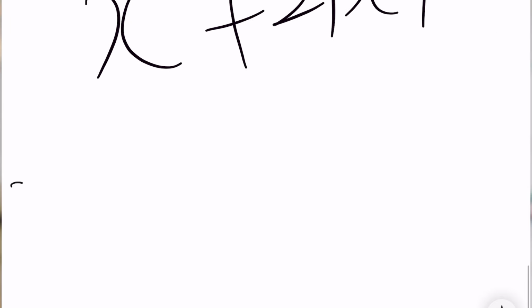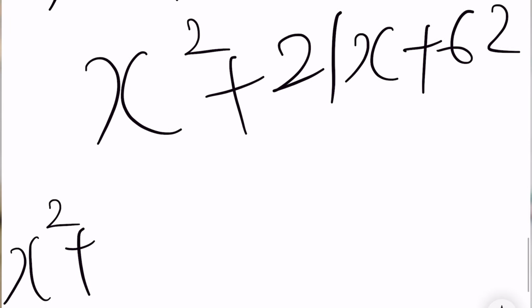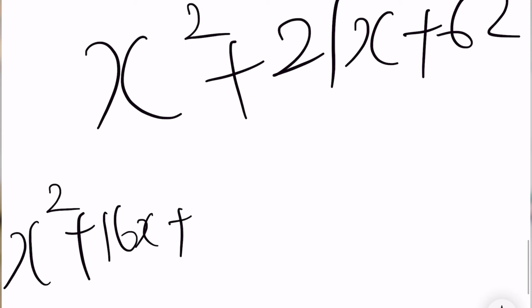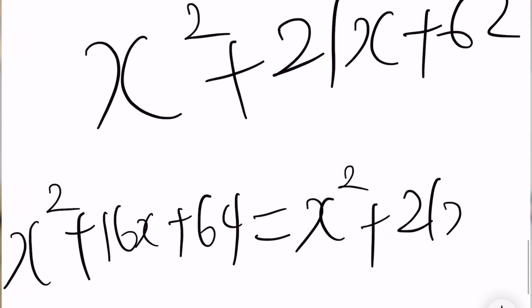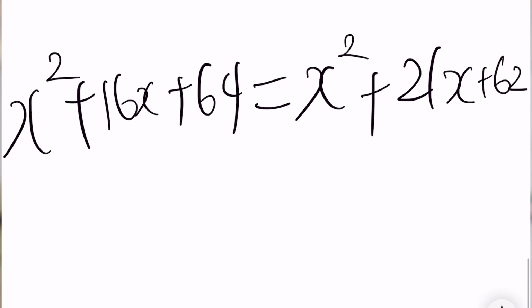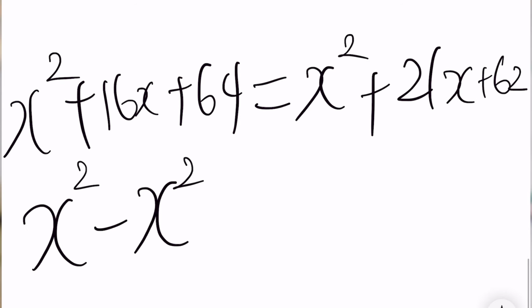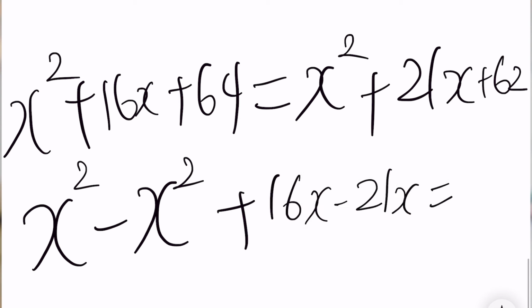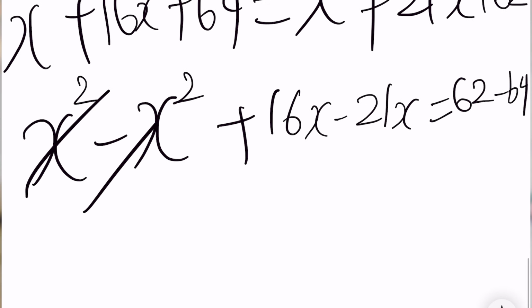So we have our equation to be x squared plus 16x plus 64 equals x squared plus 21x plus 54. So we have x squared minus x squared plus 16x minus 21x equals 54 minus 64. The x squared terms cancel.